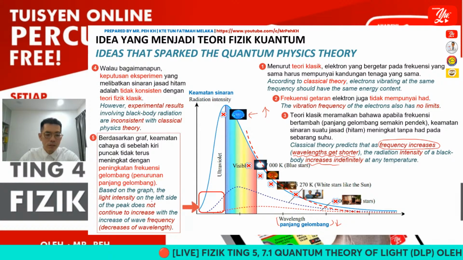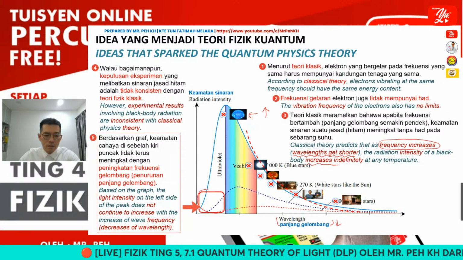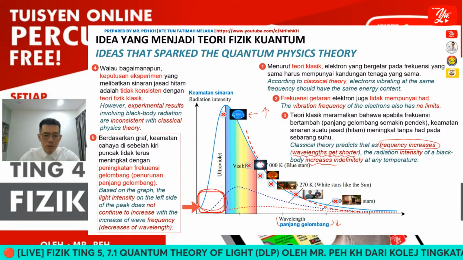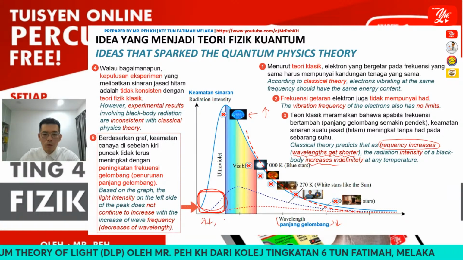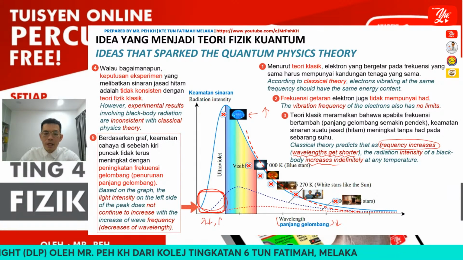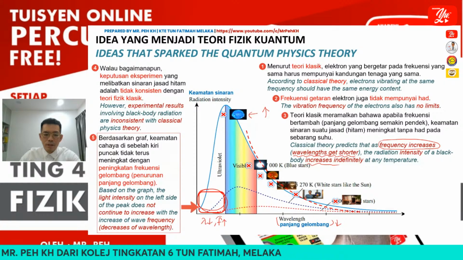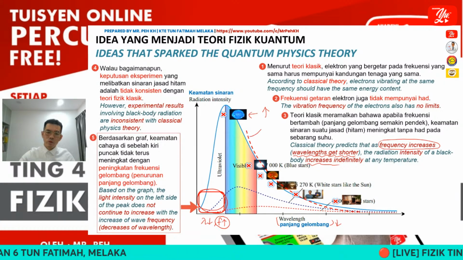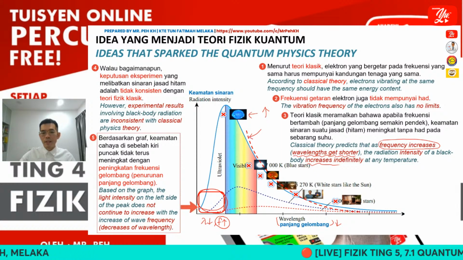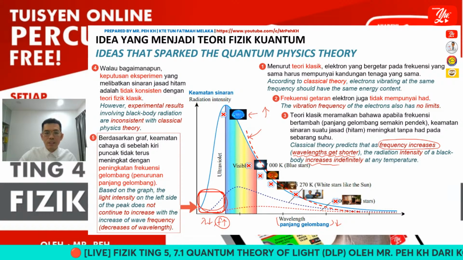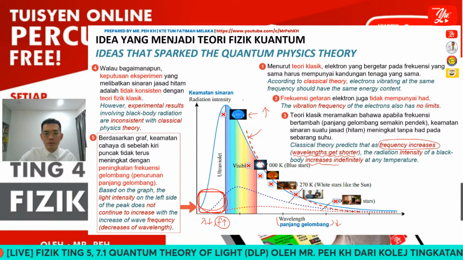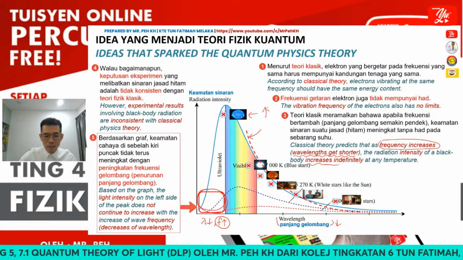This side with the shorter wavelength represents higher frequency. If we compare with the red dashed curve, it would give an increasing intensity when the frequency increases or the wavelength decreases.